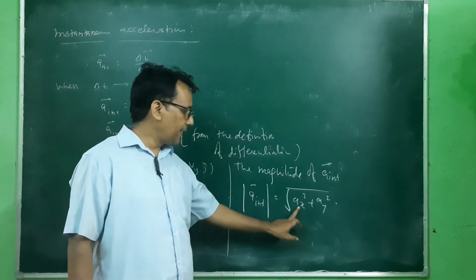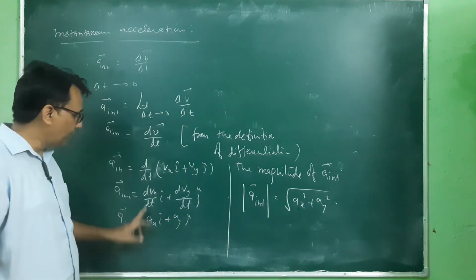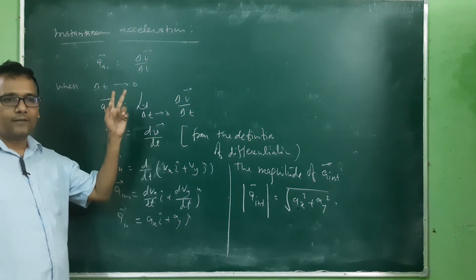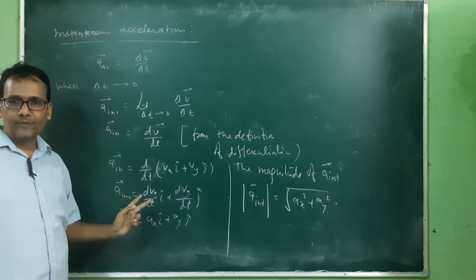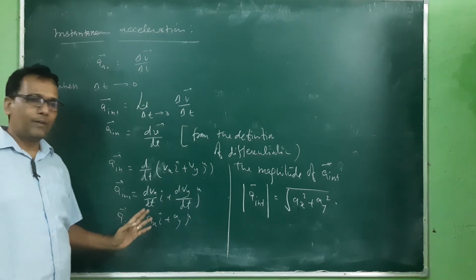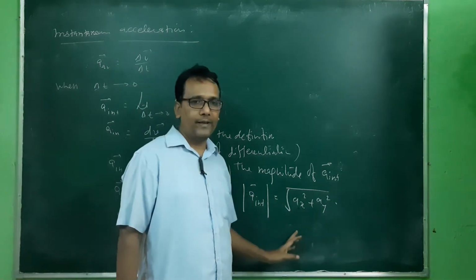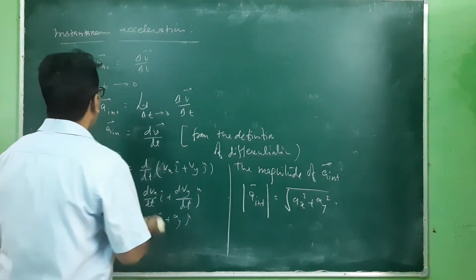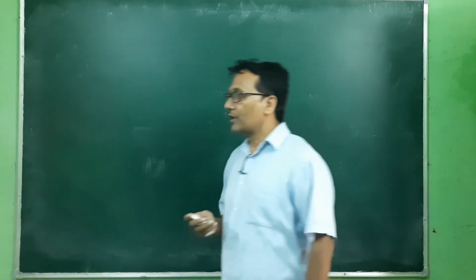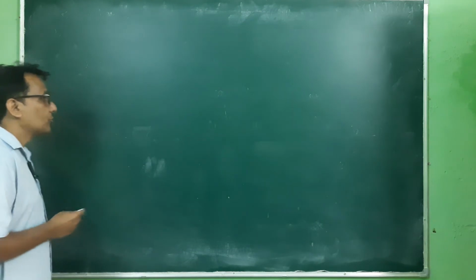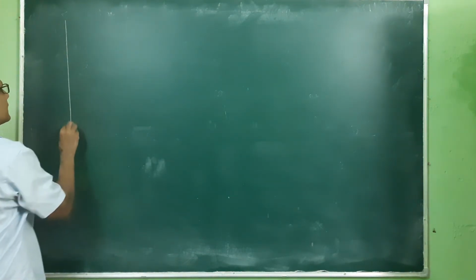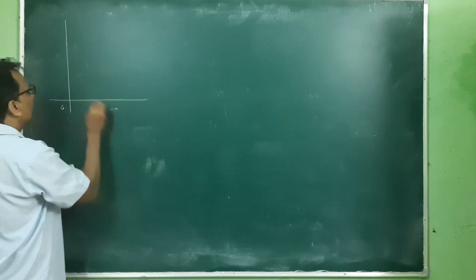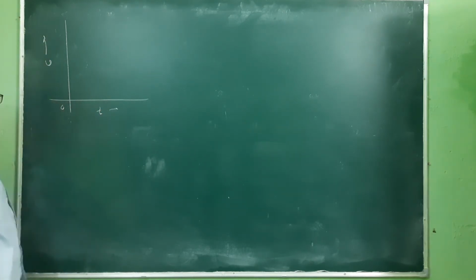Although in one case this ax is equal to dvx by dt, and there it is delta vx by delta t, so there is a little difference, but this ax and ay, the method of calculating magnitude is the same. So the direction. So the graphical representation, let us see to show the direction. So in place of displacement, we will take this velocity.